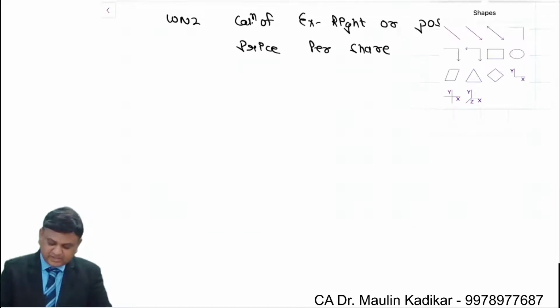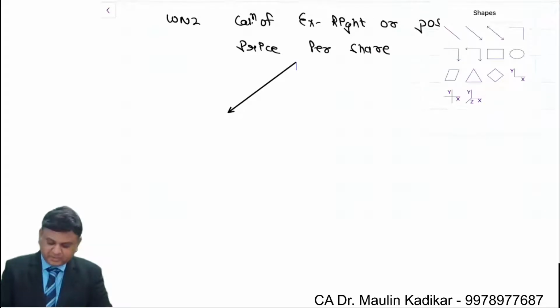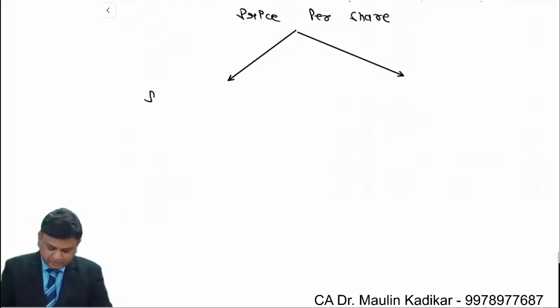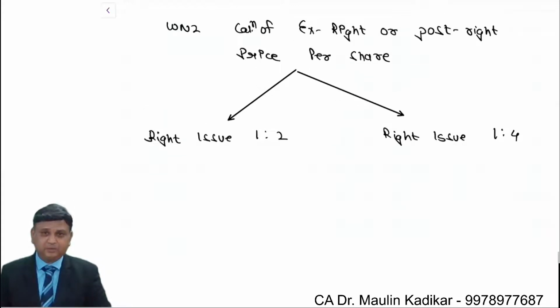We understand that there are 2 pieces of information provided to us. Right issue is offered 1 for every 2 shares and 1 for every 4 shares. So right issue 1 for every 2 and again a right issue 1 for every 4. That is the way we have been provided with the proportion.